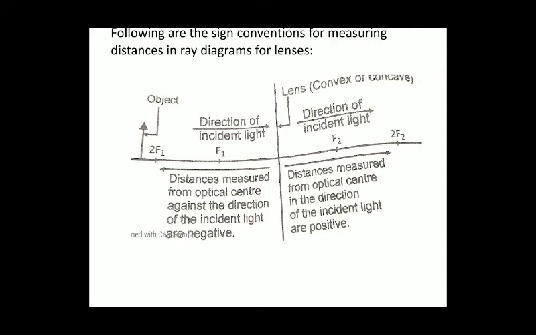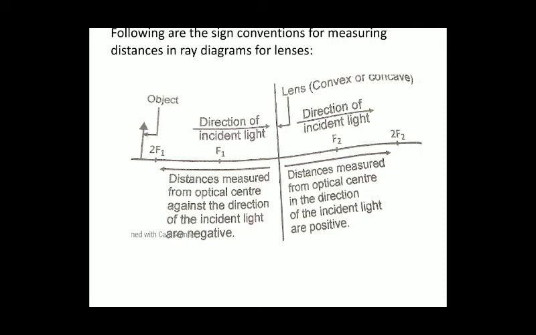Once more I am repeating. The very first convention: all distances are measured from the optical center of the lens. Right? That is the intersection point of the x-axis and y-axis. Second convention: the distances measured from the optical center in the direction of the incident light are taken as positive.